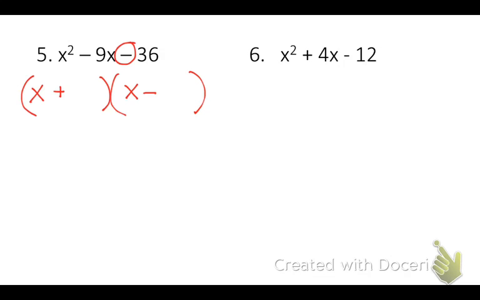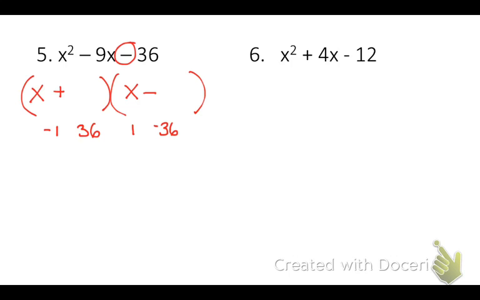So I need them to add to negative 9. So it could be 1 and 36, but what I really am thinking is really it could be negative 1 and 36 or positive 1 and negative 36.